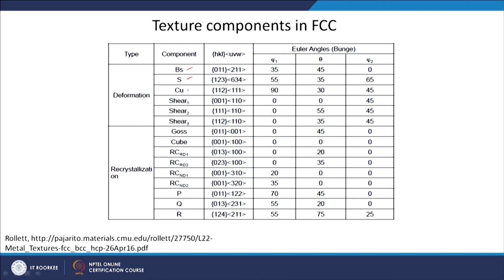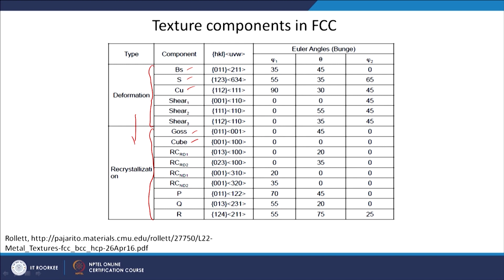Okay. Now, these are the texture components for face centered cubic materials. Okay. So, you have brass, S, copper, shear component, gauze, cube, okay, and some more are there. So, the first ones are deformation texture components which arise due to the deformation process, and these other texture components are there when you do some static recrystallization of the deformed material.